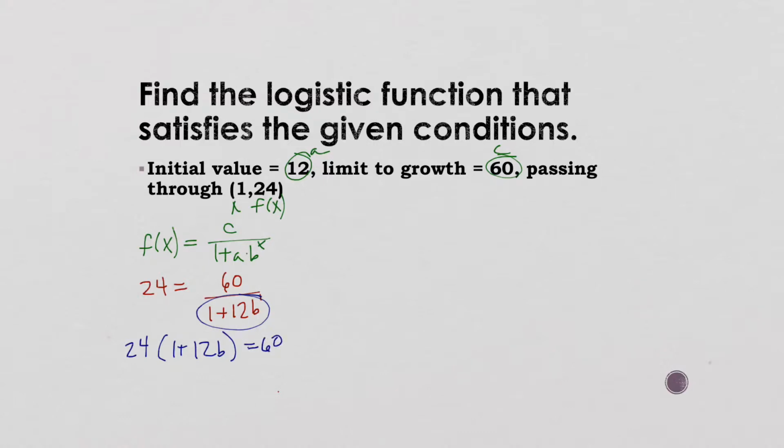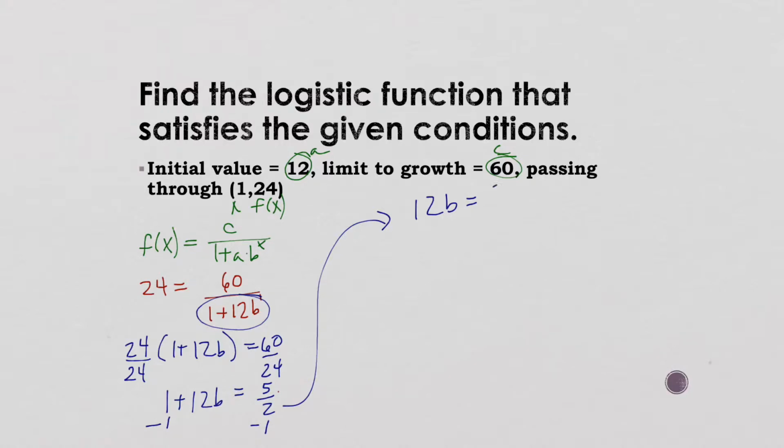Divide both sides by 24. I get 1 plus 12B equals 5 over 2. Then I've got to take away my 1. I end up with 12B equals 3/2.